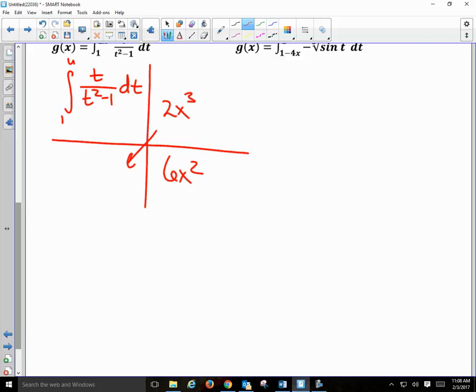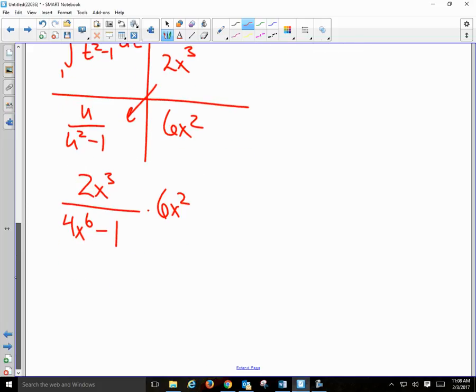So it's going to be u over u squared minus 1, and this will be plugged in for u. So 2x cubed over 4x to the 6th minus 1 times 6x squared. Total of 12x to the 5th over 4x to the 6th minus 1.